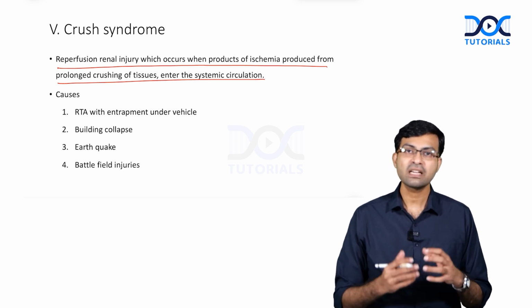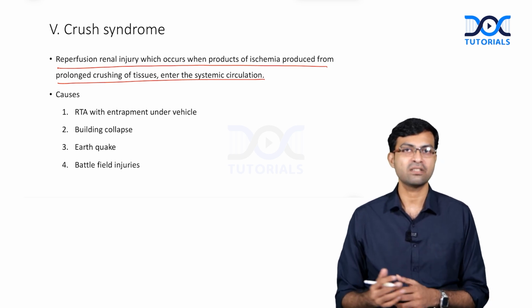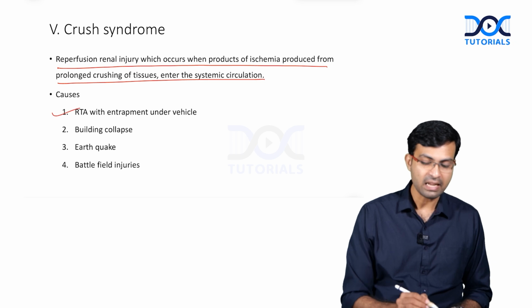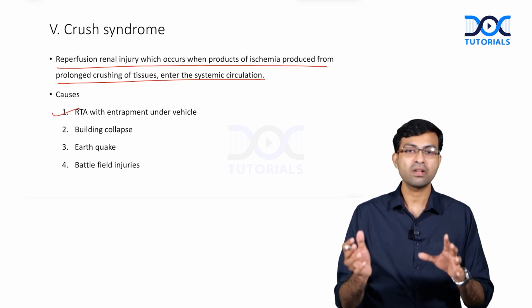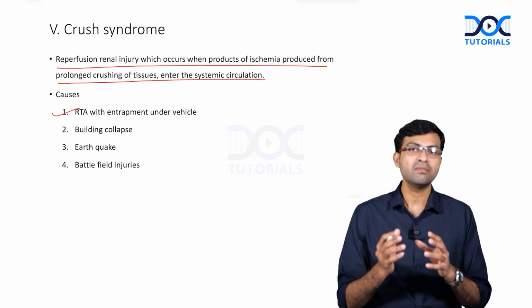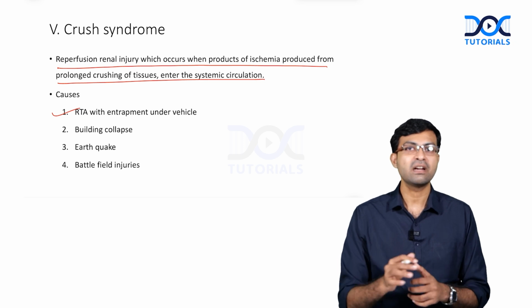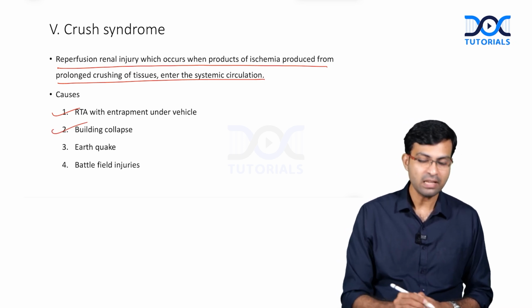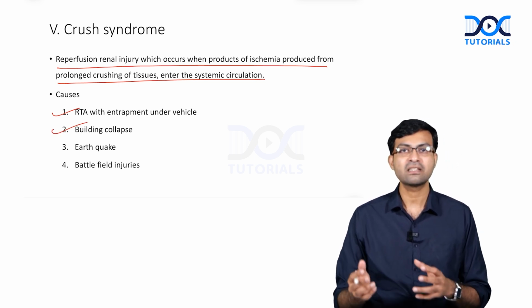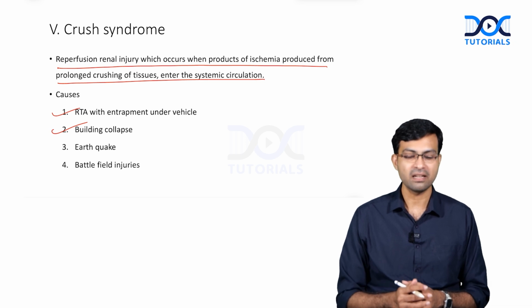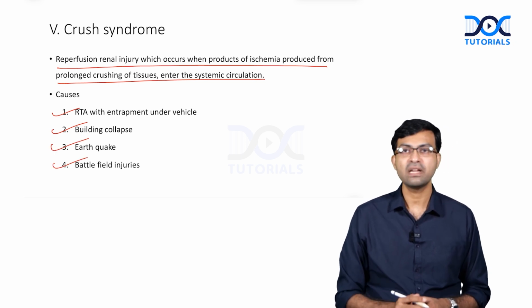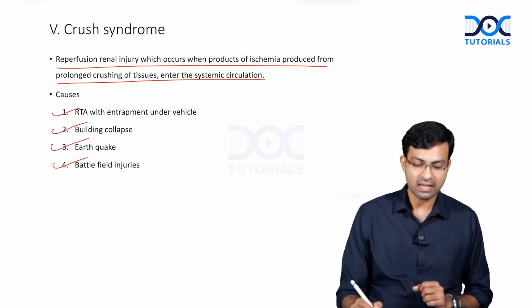So which are the conditions in which you could get crush syndrome? For example, an RTA where the patient's arm or leg gets trapped under the vehicle, or there is a building collapse and the patient gets trapped under the building materials. Then earthquakes and battlefield injuries are also conditions where you can get crush syndrome.